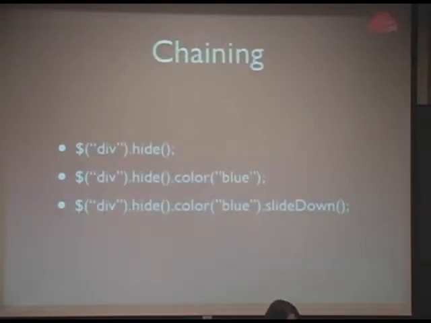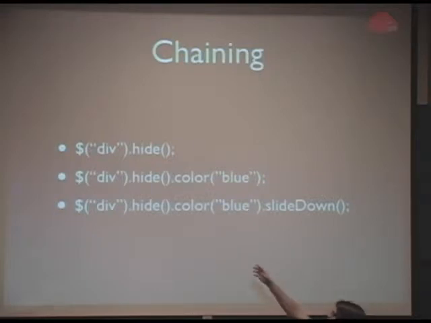What I think is particularly interesting is that when I created jQuery, I wanted to be able to find a set of elements and perform an action against them, but I didn't want to stop there. I wanted to be able to perform action on top of action. What this allows me to do is what I call chaining.